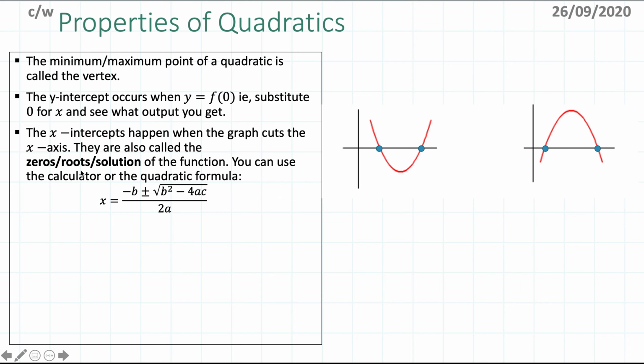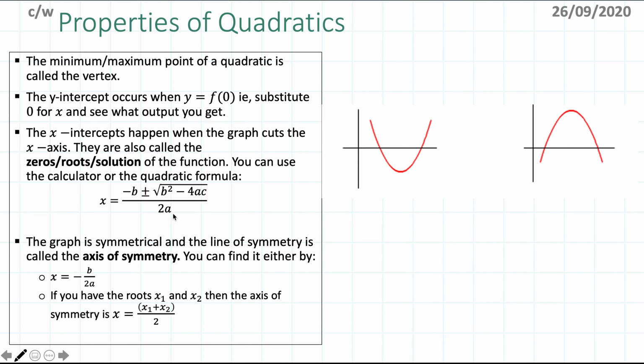These are also called the zeros, the roots, or the solutions of the function, and the way you do it is basically by solving f of x equals 0, because you want to see what x would give you an output of 0, because these points have a y coordinate of 0. So either use your calculator to find it or use the quadratic formula, where you substitute a, b, and c from the general expression. We're going to go through those as well.